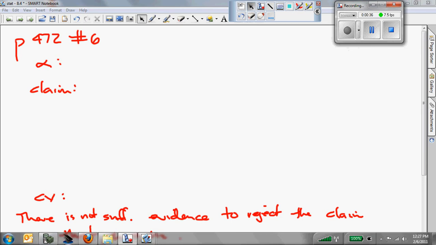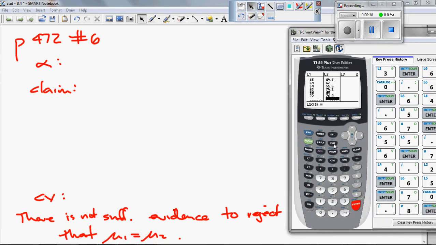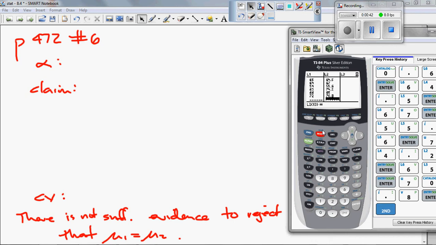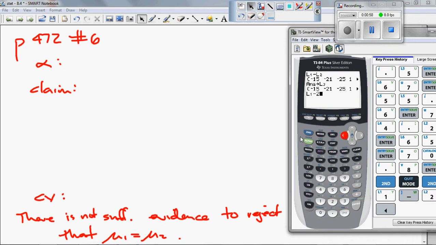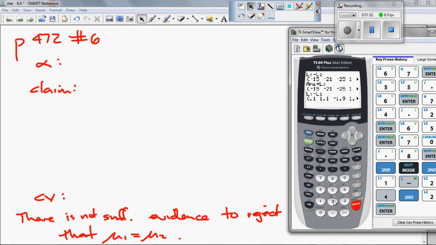Alright, I've got my values in list 1 and list 2 of the calculator. So what I want to do now is subtract list 2 from list 1. So second 1 minus second 2, hit enter, and it subtracted those two lists.